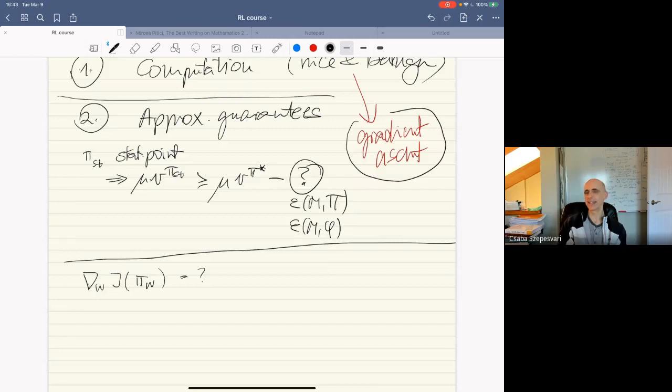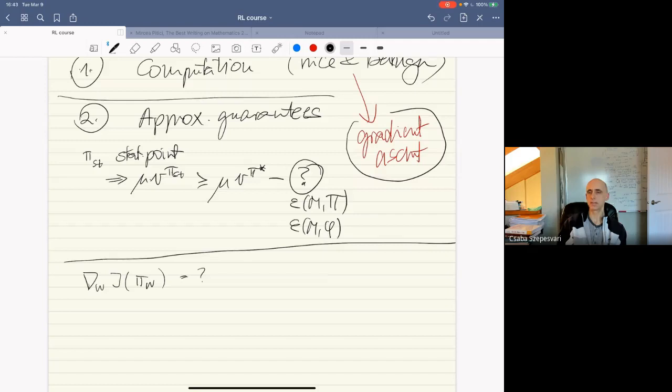The gradient is not given to us. If you have access to a simulator, maybe you can run some simulations. How expensive is it to get a good estimate of the gradient? So that's the very first question.